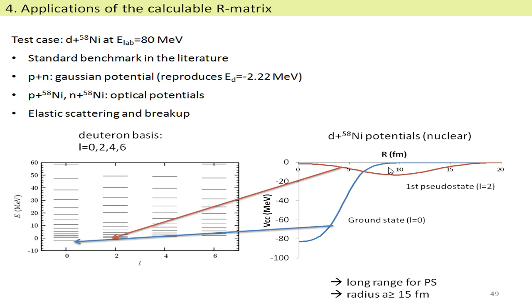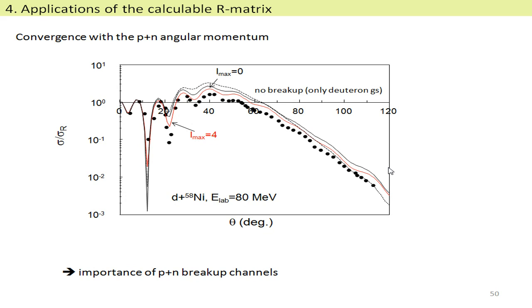Because this pseudo-state has a long spatial extension, this is shown in the potential. So the potential here goes to something like 15 fermis. So it means that you have to choose the channel radius large enough to make sure that this potential is negligible.